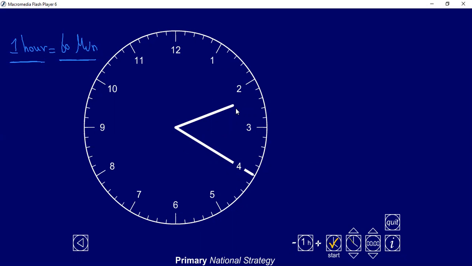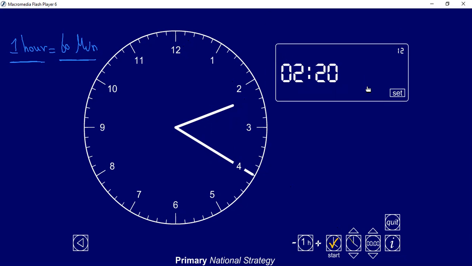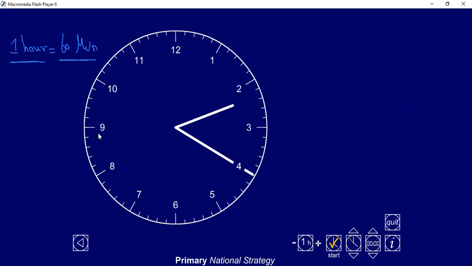So the hours here is 2, and the minutes, let's count by 5 to find the minutes. So here is 0, 5, 10, 15, 20. So the digital clock should show 2 and 20 minutes. So that's it. Okay, let's make another example.